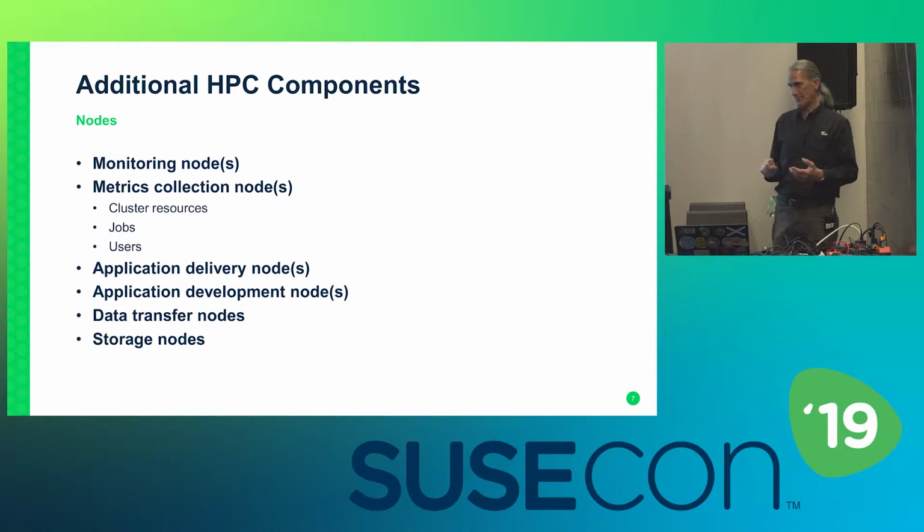Data transfer nodes. Often overlooked. The other aspect of the paradigm of scientific computing is you are dealing potentially with incredibly huge data sets that are being sucked in to actually do the work.